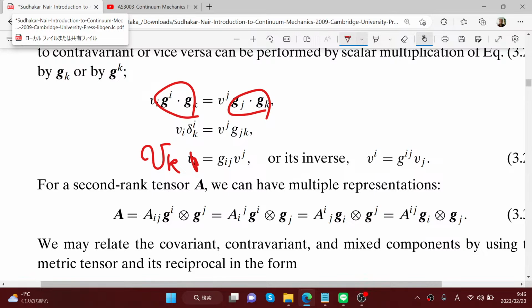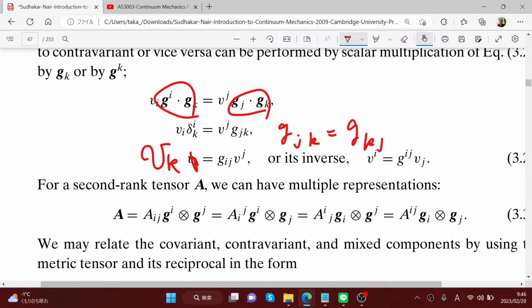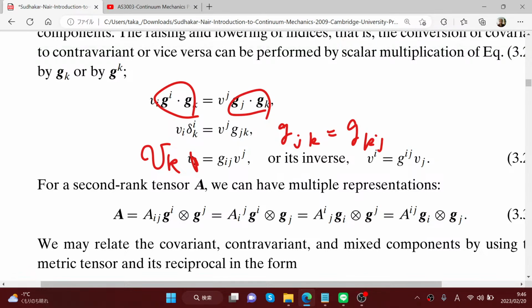So this one, gjk equals gkj. This is symmetric. So then this guy should be like a gkj vj.